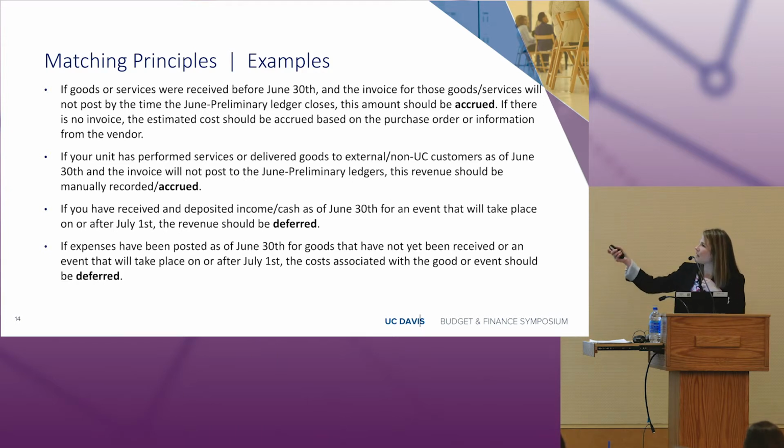And an example of that, say, is summer session for tuition. We, a lot of times, send out the bills in June, we collect, but those classes don't start till after July. So that's something that we need to defer into the next period because we will not earn that revenue until the following fiscal year.